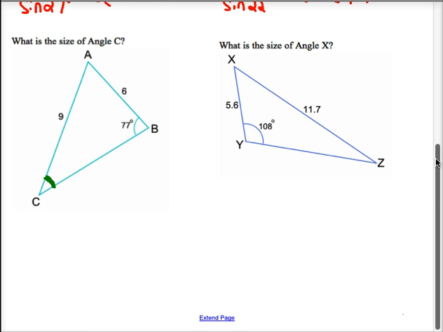But first, I'm going to put my complete one here. So sine of 77 degrees over 9 equals, now I'm going to put the one that I don't know, so sine of C over 6.